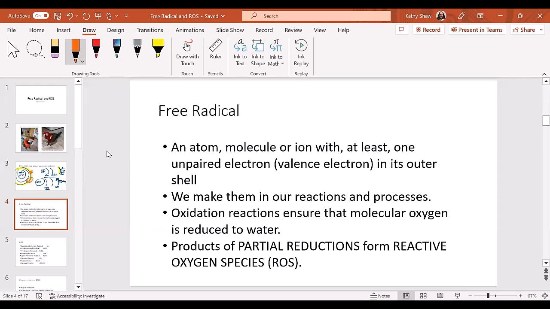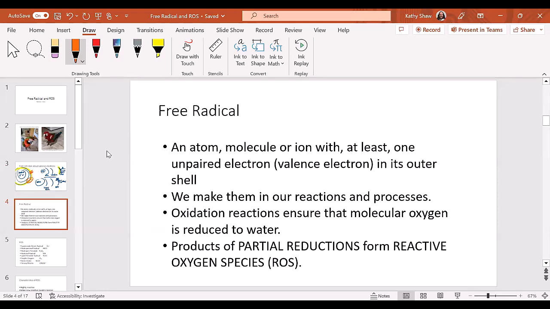We're going to go through a lot of reactions and processes soon, and they can make the molecules we'll be talking about, or they can make these free radicals. One in particular, the electron transport chain, a process we'll be doing about week 3 or 4 of next try, is really good at making these free radicals.